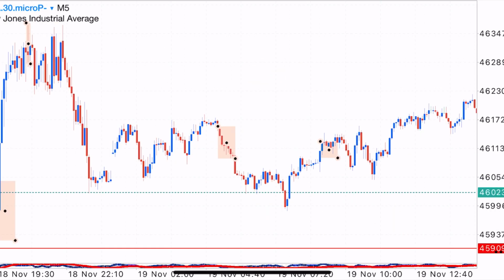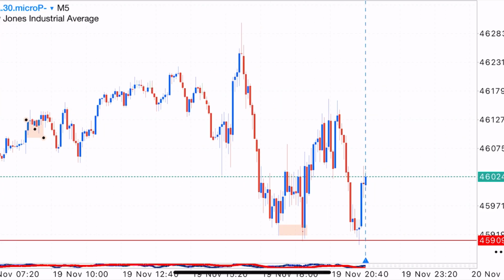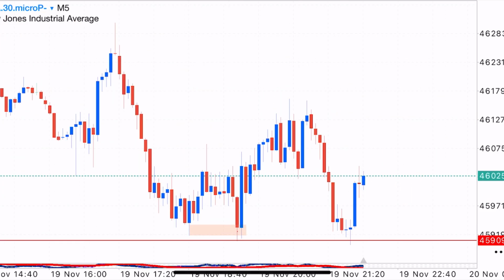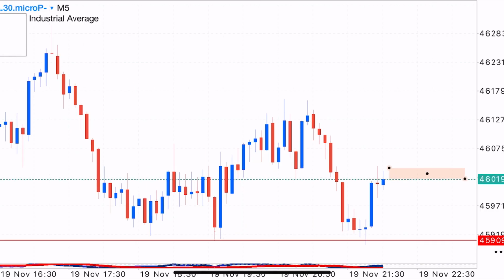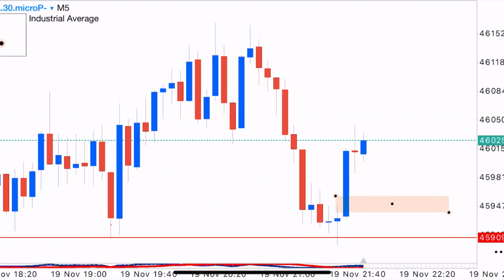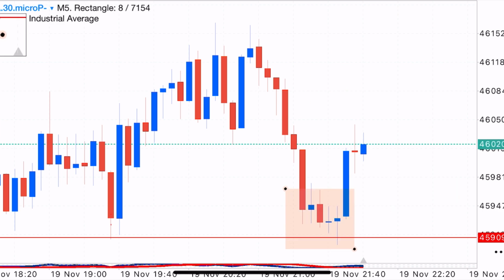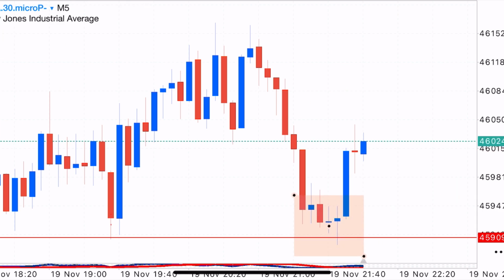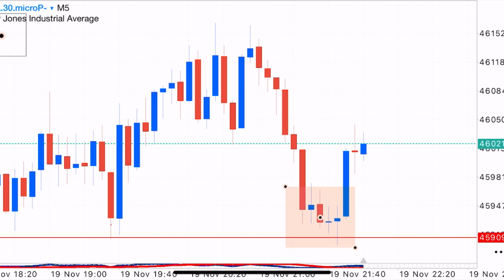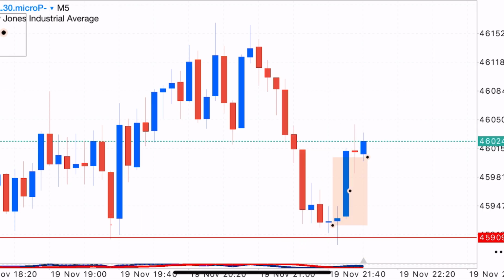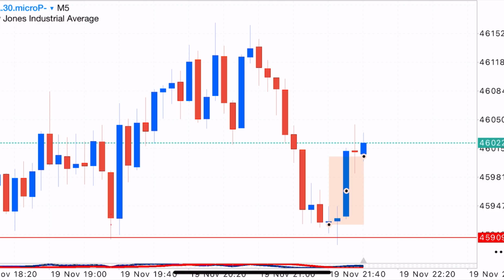It's just the same thing, repetition of the same thing, but you just must be able to spot it. It's the same thing that I'm seeing here. Same thing that I'm seeing here. You see, the market was selling, right? So you get to have a doji showing that the market is now losing the momentum towards the downside. And then after that, you get to have long candles towards the upside.